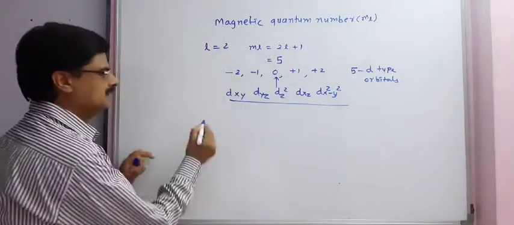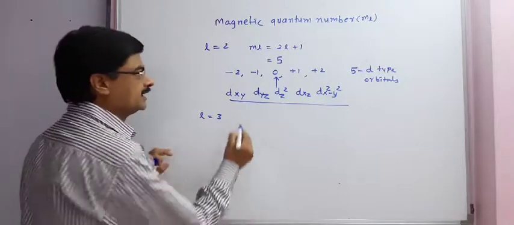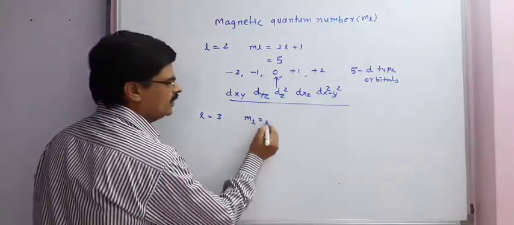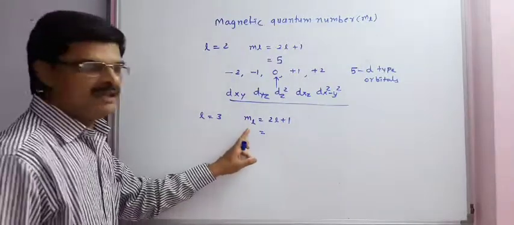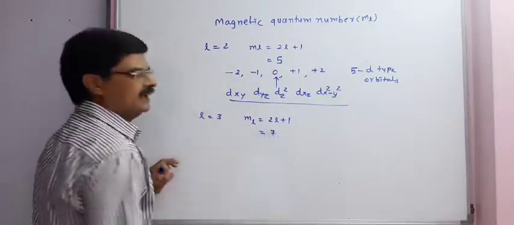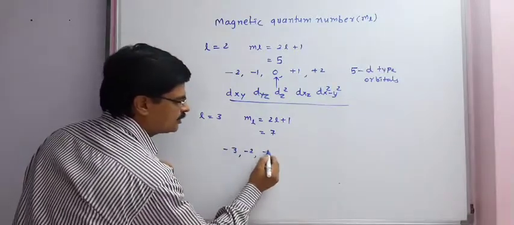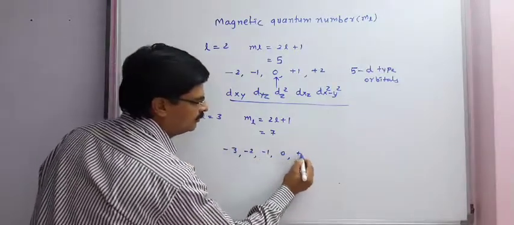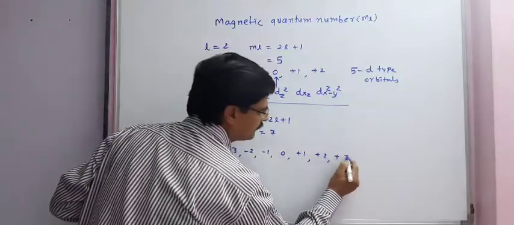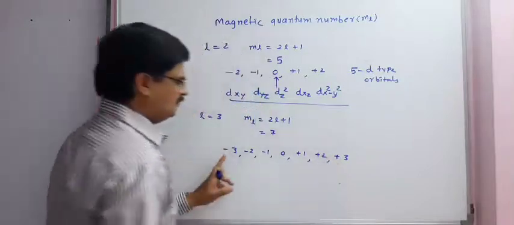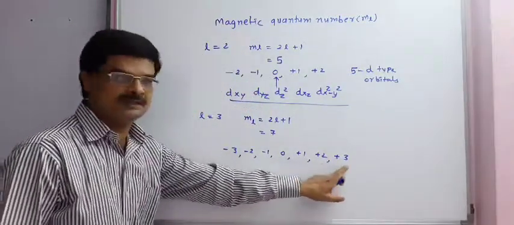Now if L is equal to 3, then the number of ml values is 2L plus 1. So the total ml values will be 7 and they are -3, -2, -1, 0, +1, +2 and +3.